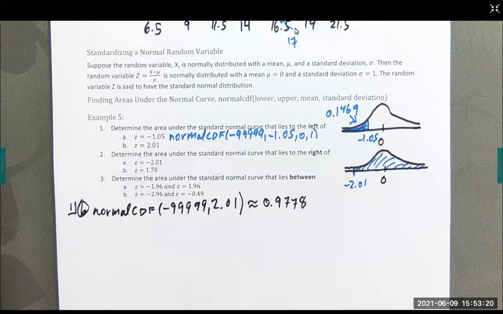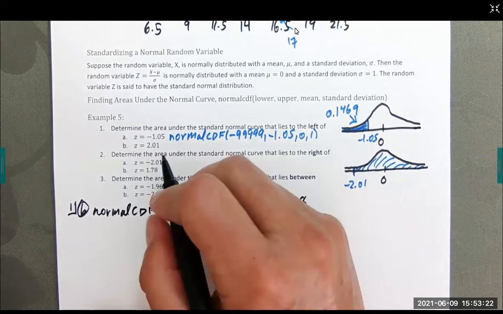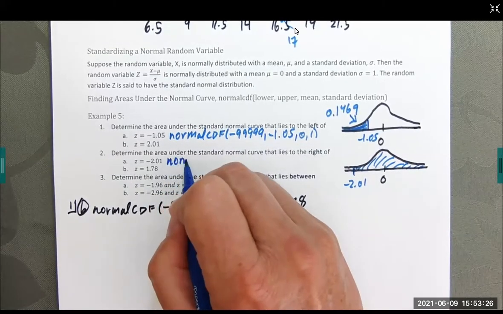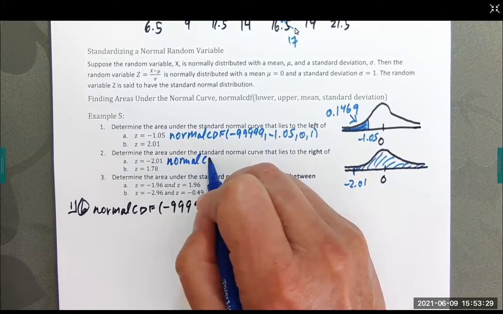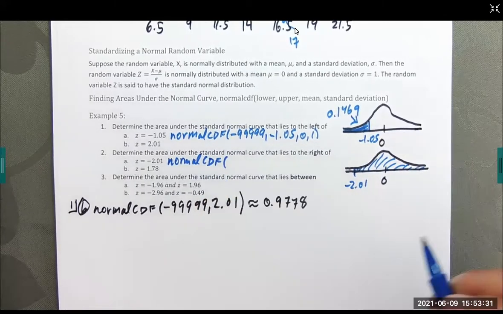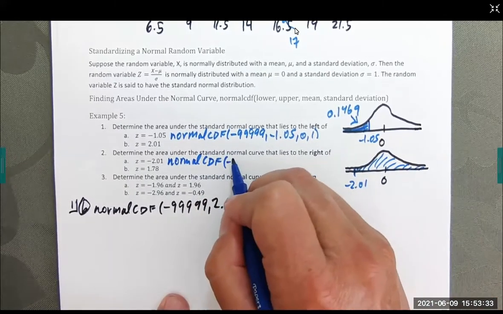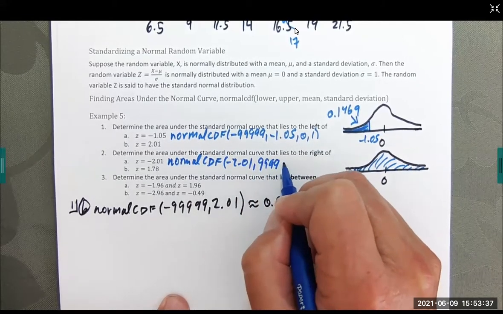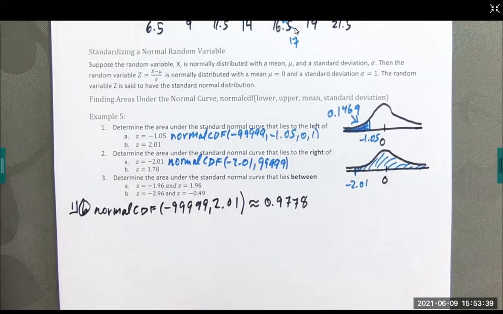Let's see what we have. This time, however, the lower is negative 2.01 and the upper is 99999. See what we get.